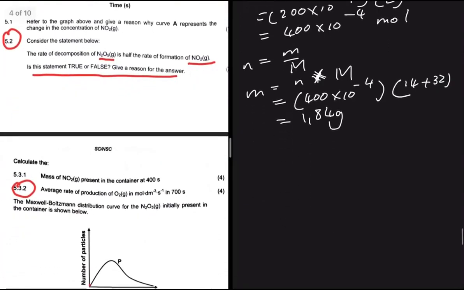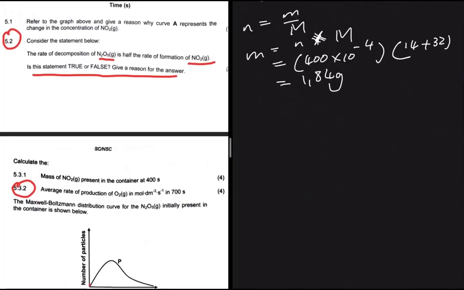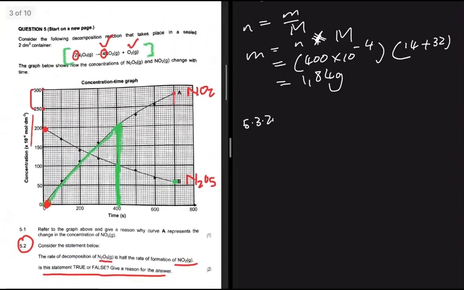The average rate of production of O2 in moles per decimeter cube in 700 seconds. Again, we're looking for the average rate of production of O2, right? But we don't have a graph for O2 here.